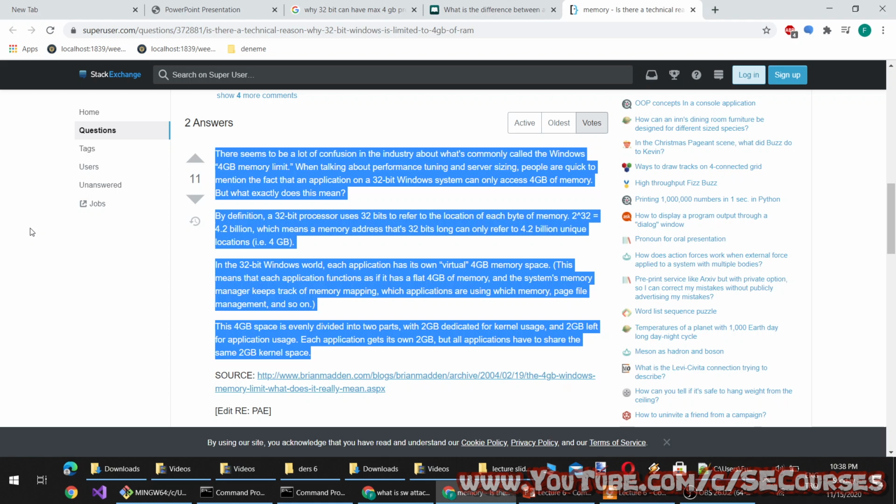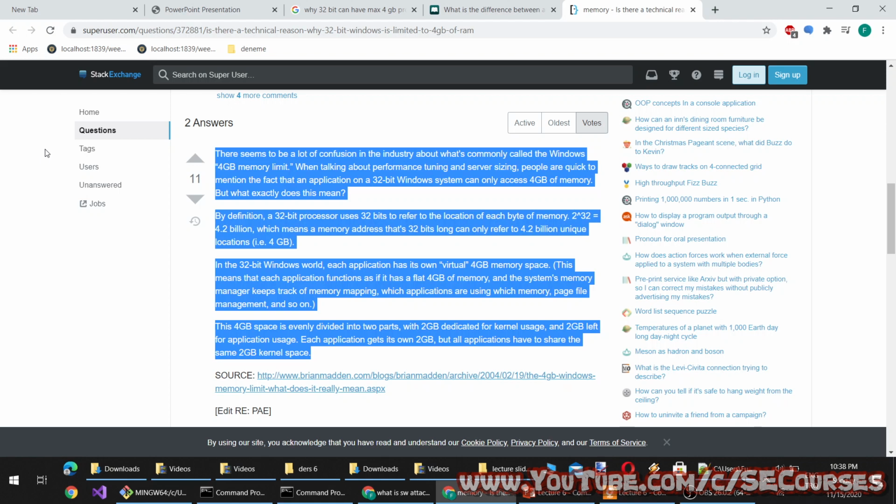When talking about performance tuning and server sizing, people are quick to mention the fact that an application on a 32-bit Windows system can only access 4 GB of memory. But what exactly does this mean? By definition, a 32-bit processor uses 32 bits to refer to the location of each byte of memory. 2 to the power of 32 equals 4.2 billion, which means a memory address that's 32 bits long can only refer to 4.2 billion unique locations, i.e. 4 gigabytes.